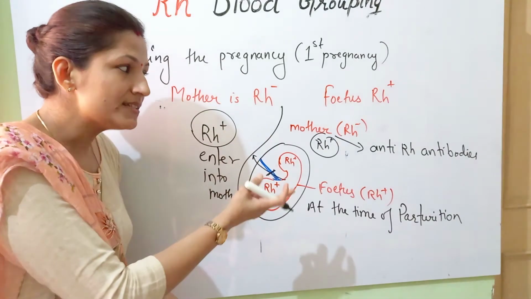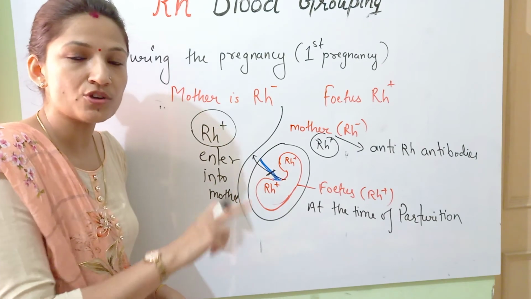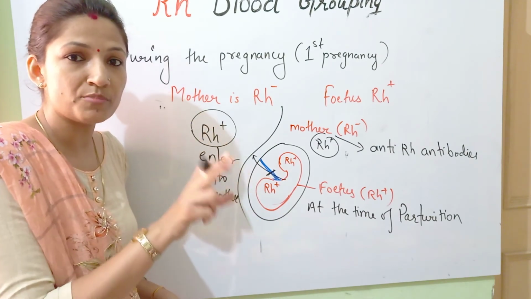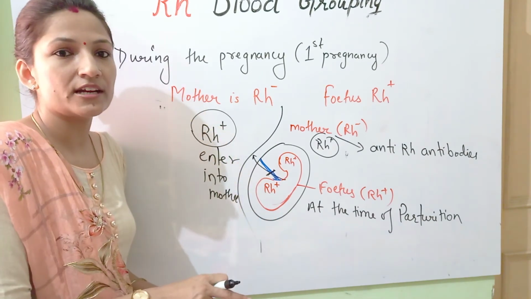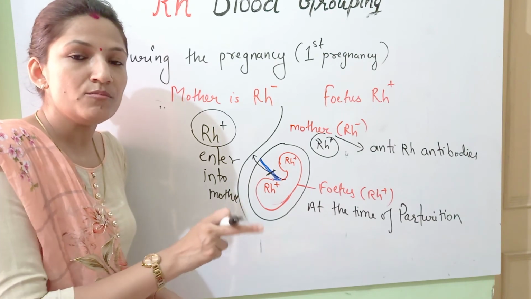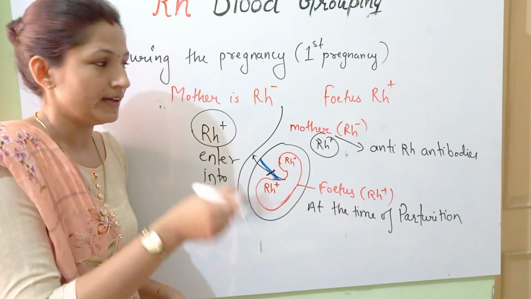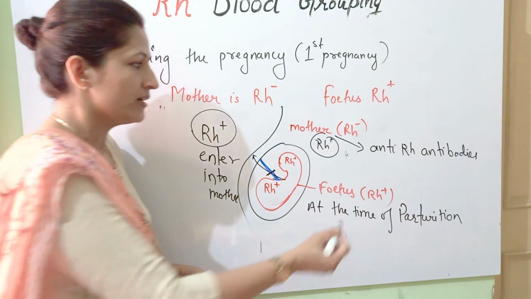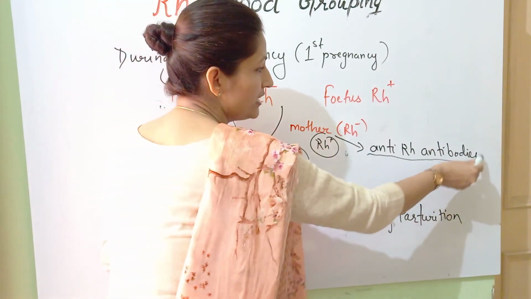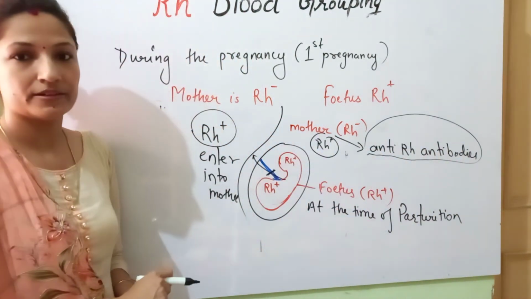But once the blood of an Rh positive person is transfused to an Rh negative person, then the immune response is generated. As a result, the anti-Rh antibodies are generated.